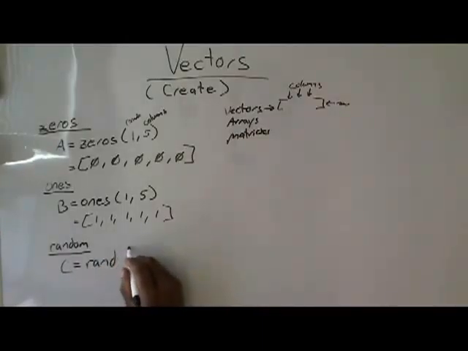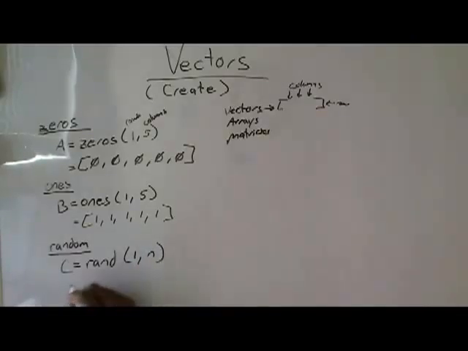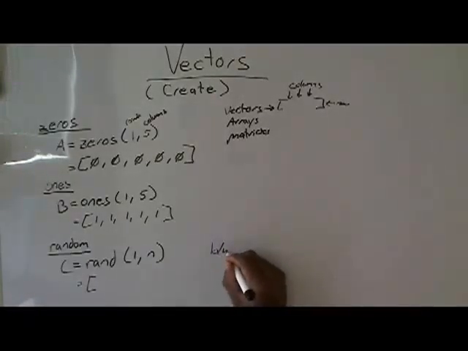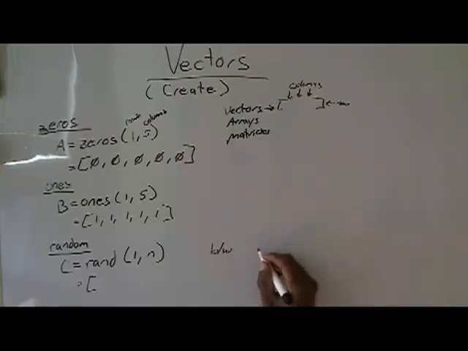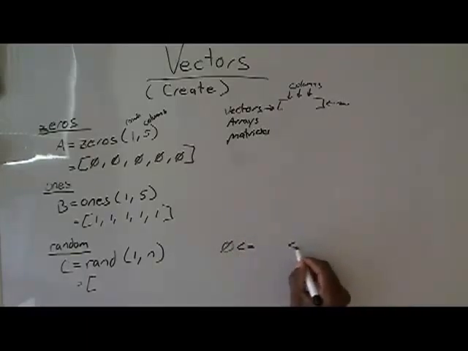And if you did rand(1, n), it would actually give you a vector of random numbers between 0 and 1. Okay, and I think it's inclusive. I think it will give you numbers that are greater than or equal to 0 and less than or equal to 1. So it'll give you numbers in this range here.